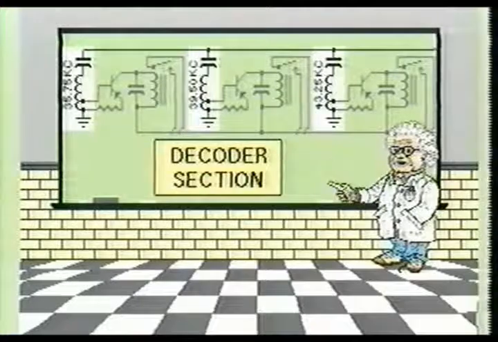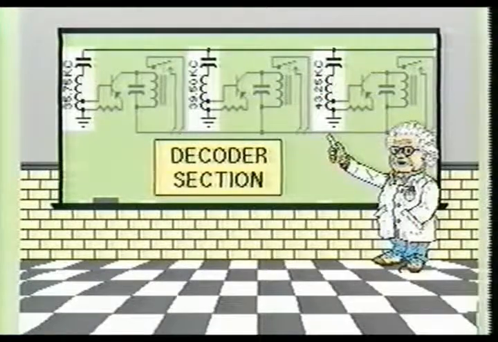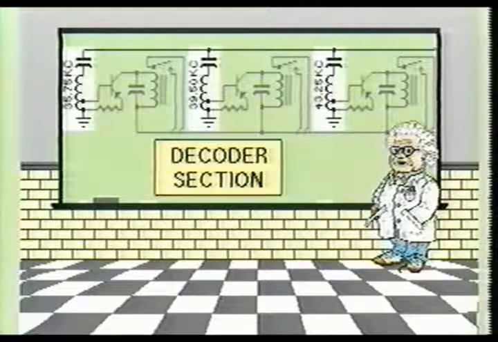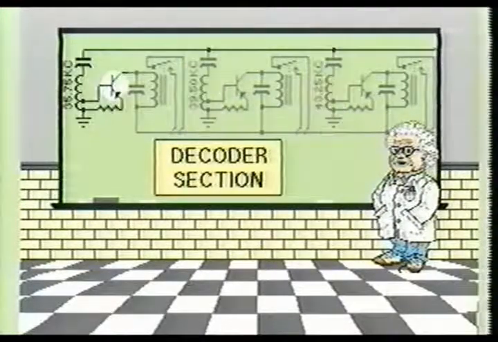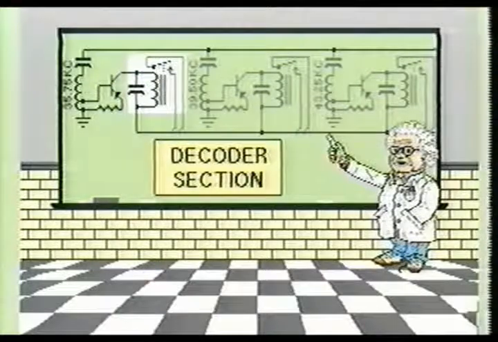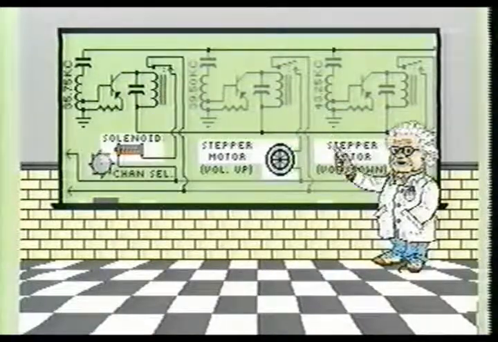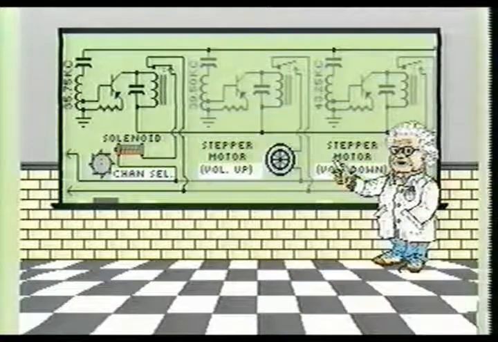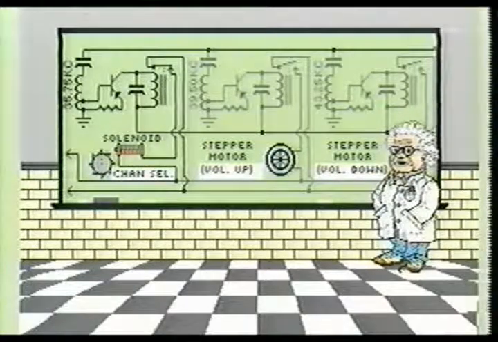A decoder section contains tuned coils which respond to the frequency of each ultrasonic signal. When one of these tuned coils is at resonance, its transistor turns on, which energizes a relay, which supplies AC power to either a motor or solenoid, which is used to change a channel or turn the volume up or down.